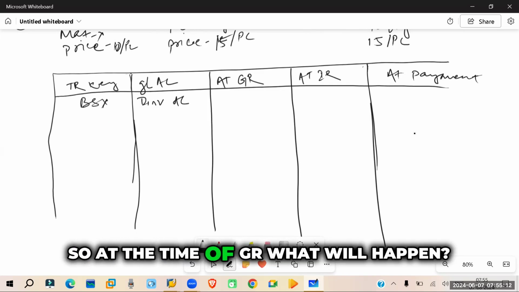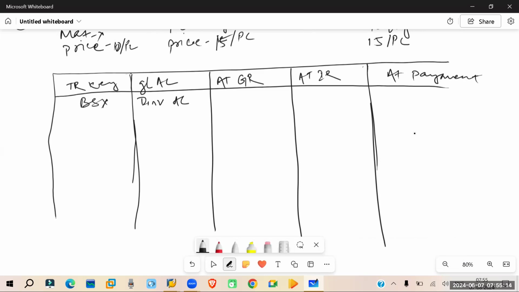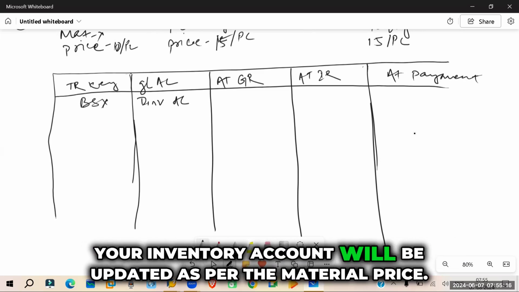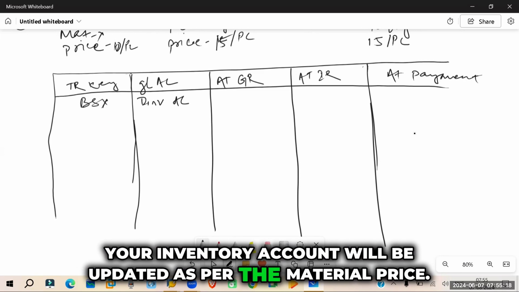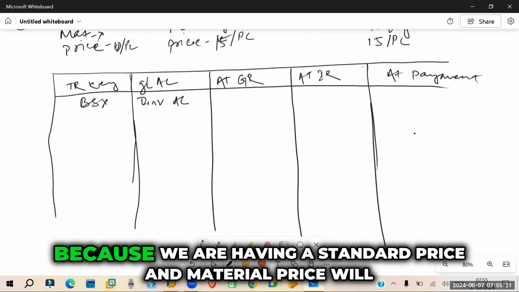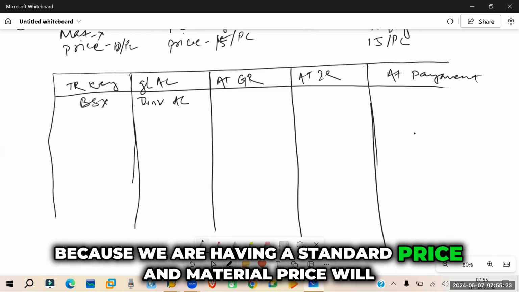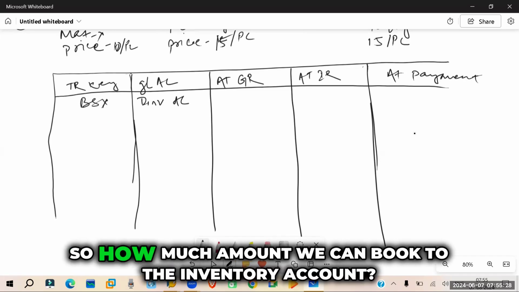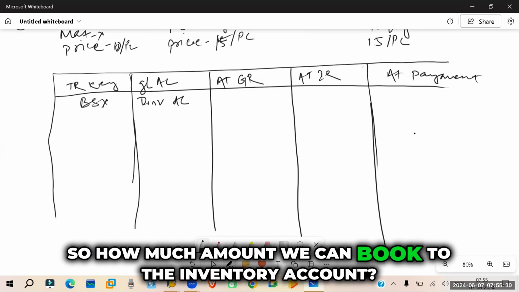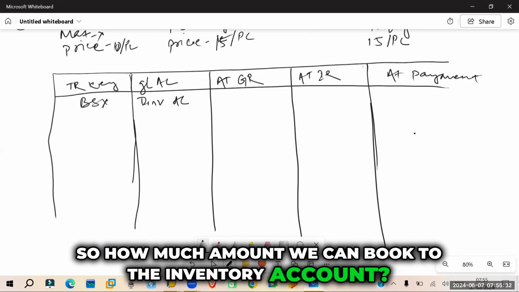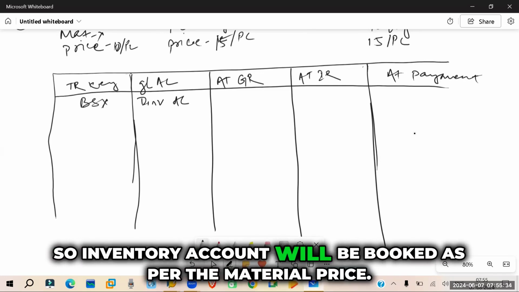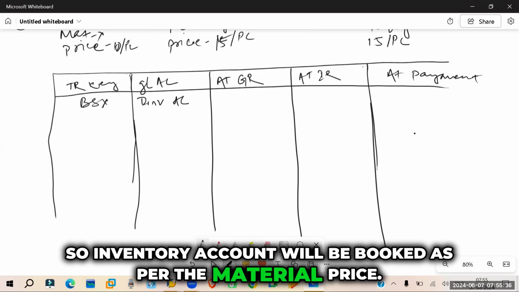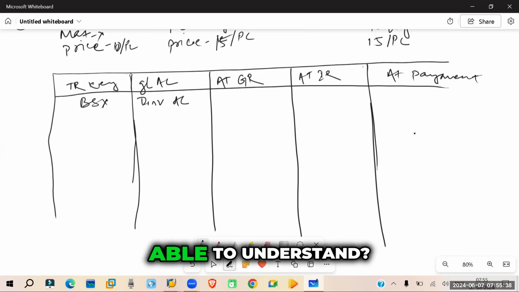So at the time of GR, what will happen? Your inventory account will be updated as per the material price, because we are having a standard price and material price will not change. So how much amount can we book to the inventory account? Inventory account will be booked as per the material price. Okay, able to understand?